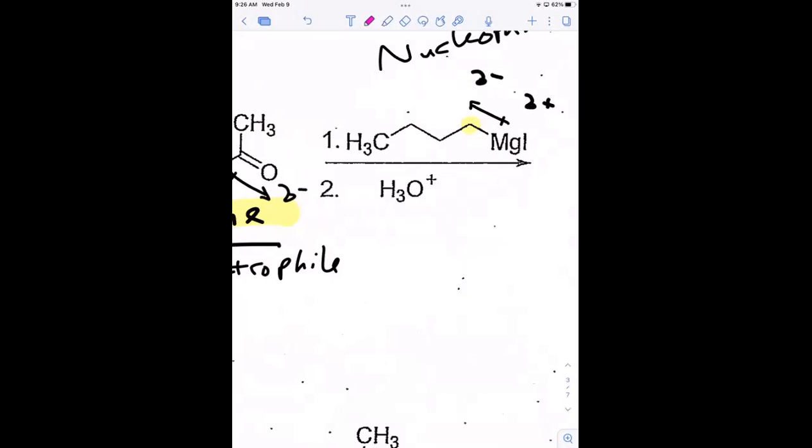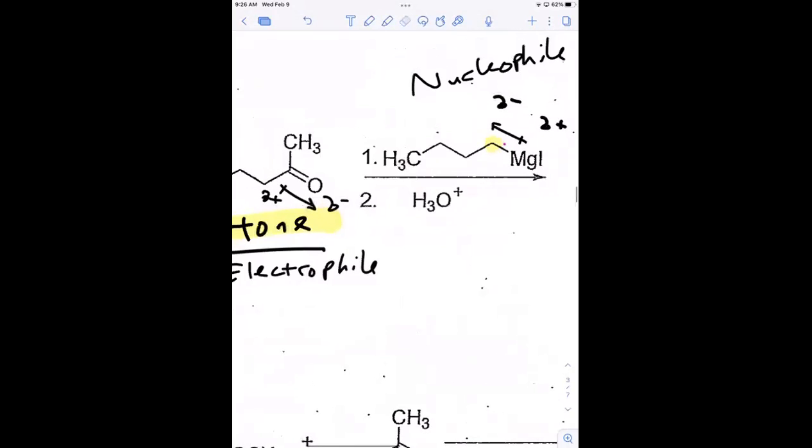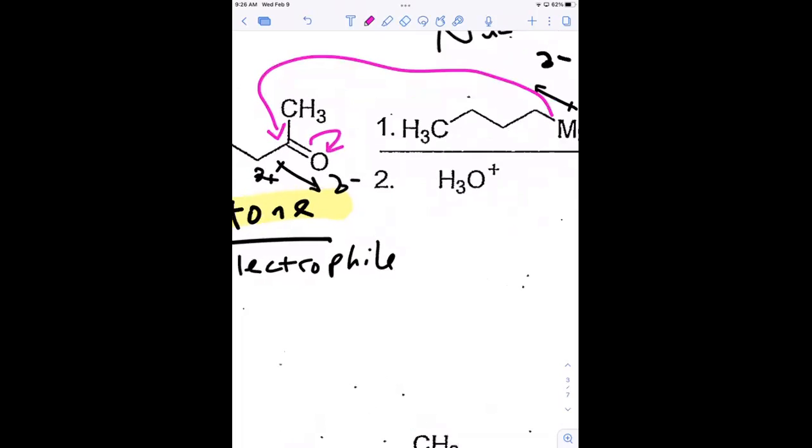I need to zoom out a little. Take this arrow right here and push it here, just like that. Sorry. And then I'm going to take the pi bond on the carbonyl and push it to oxygen. Let me put some lone pairs in. So this has 2 lone pairs already.